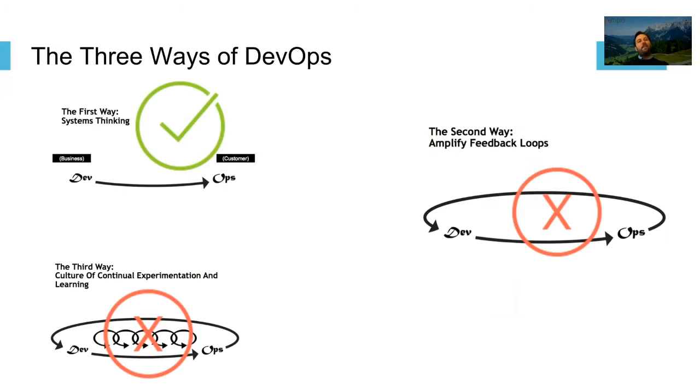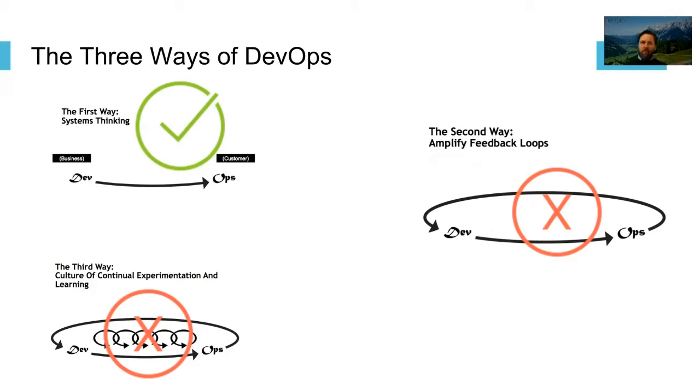Now, I think quite a few of us are familiar with the 3 ways of DevOps, which were written about first in a blog post by Gene Kim, roughly an internet century ago, I think in the year 2012-ish.